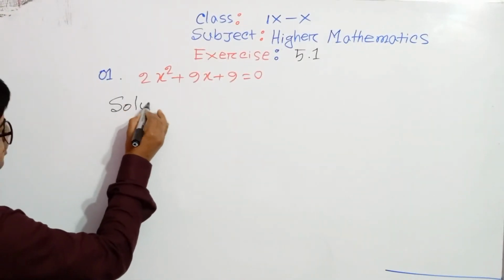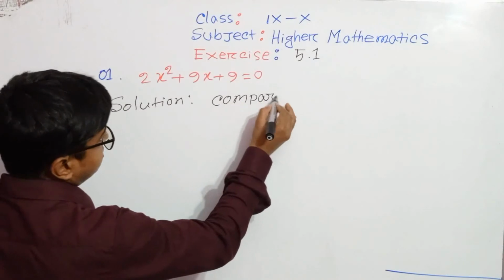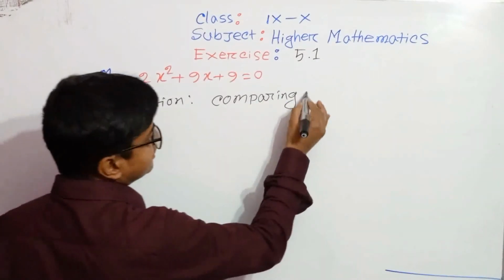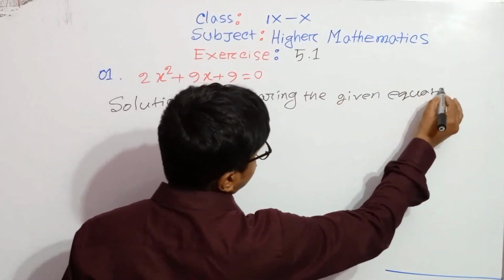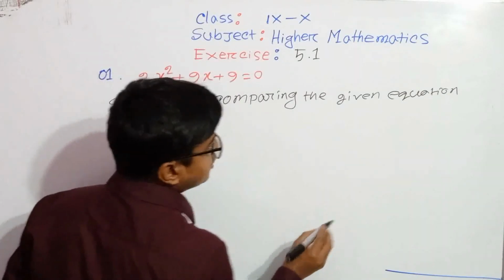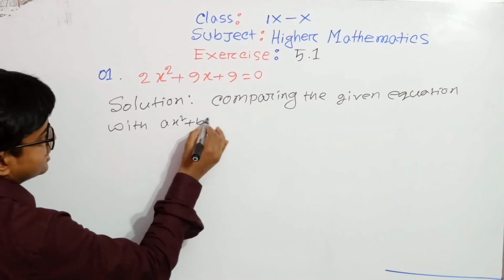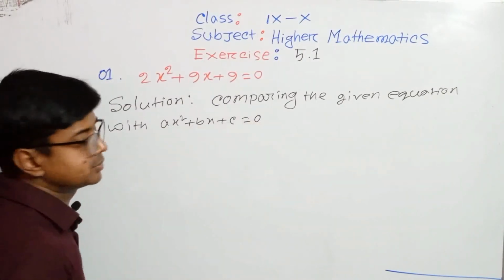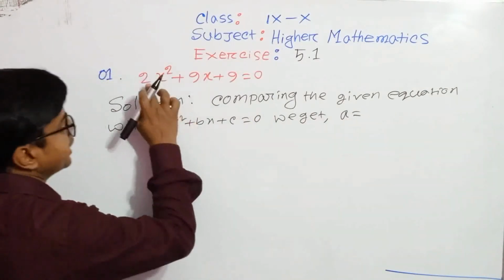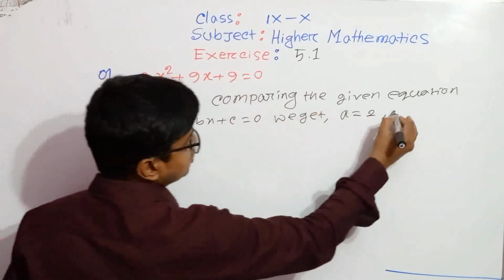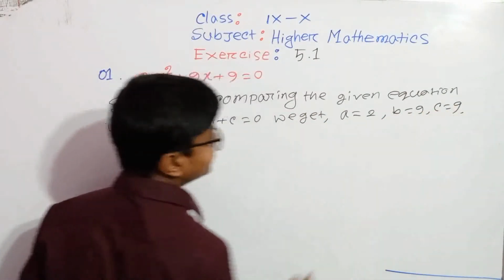Solution: comparing the given equation with ax square plus bx plus c equals 0, we get a equals 2, b equals 9 and c equals 9.